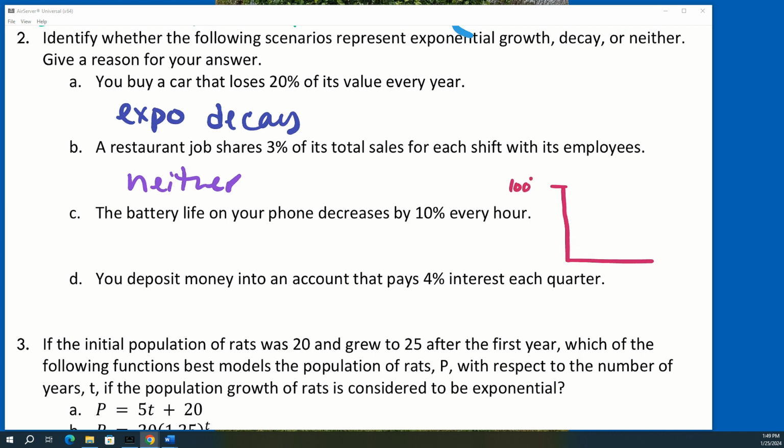And so you start off at 100%, and then in an hour it goes down by 10%, and then in an hour it goes down by 10%. It's not exponential. This is actually linear. It's not going down by a percentage, it's going down by a certain amount every time, which is kind of weird. All right, and then what about D?